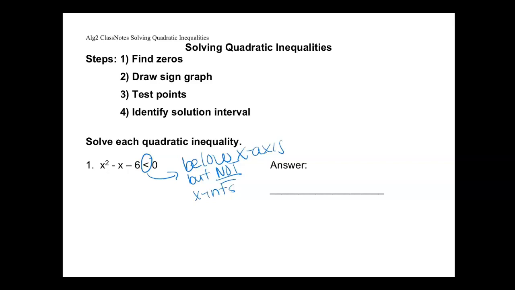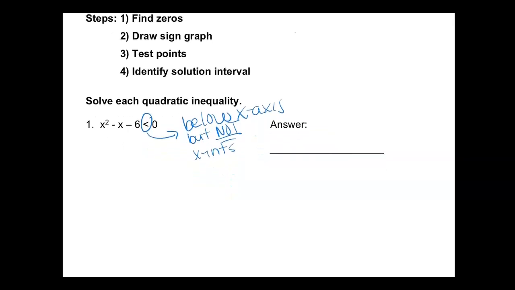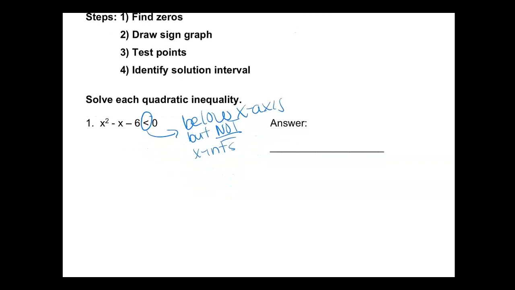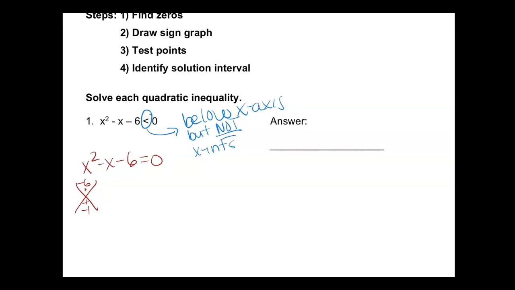So let's find our solutions, which are our zeros, and let's draw a sign chart. I'm going to set this equation equal to 0, and we're going to solve. The easiest way for me to solve is to find two numbers that multiply to -6 but add up to -1. Let's see if we can factor this. I can use positive 2 and -3.